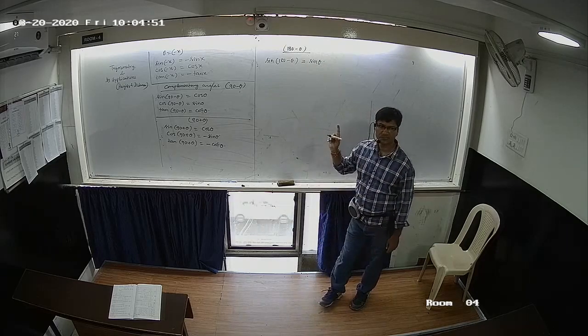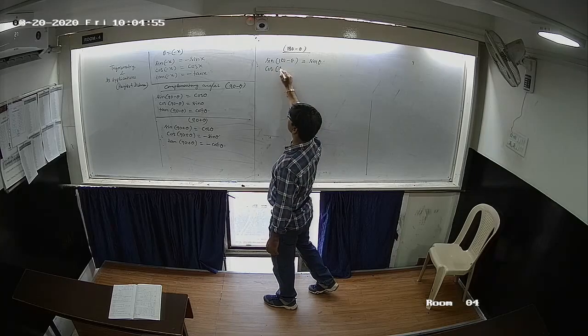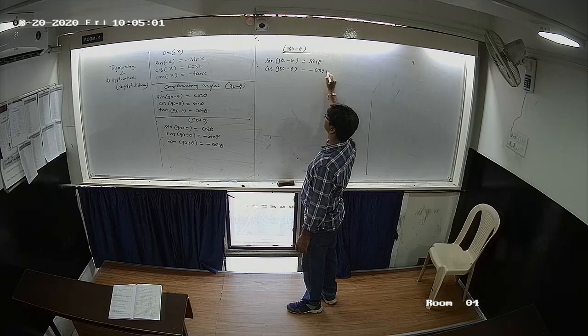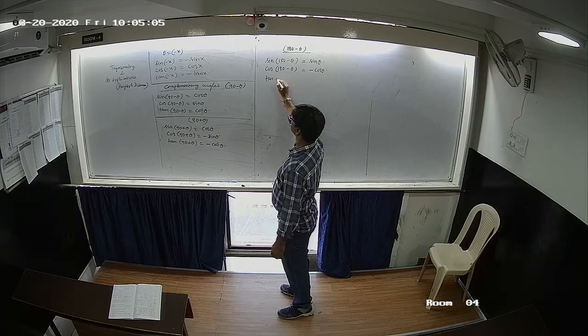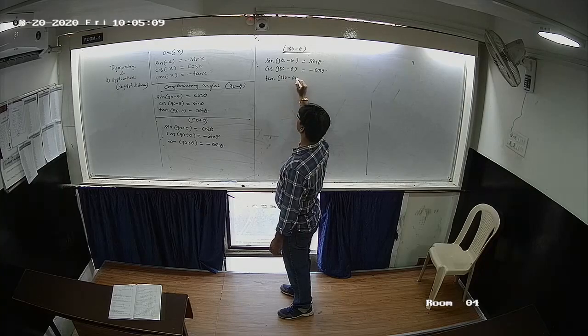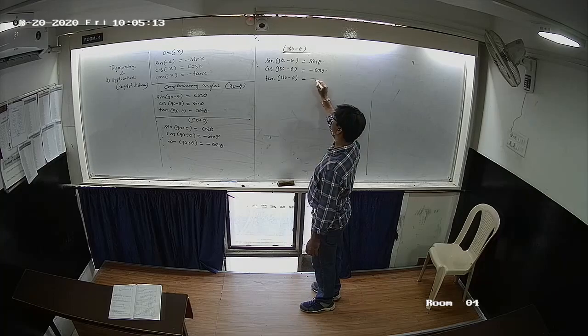Cos of 180 minus theta is equal to minus cos theta. And then tan of 180 minus theta will be equal to minus tan theta.